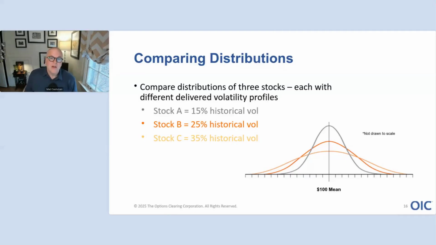It has a lot of amplitude and very little width relative to the other two. And then as you start to increase the historical volatility, what do you start to see? Less amplitude and more width. And then as you move to the 35 historical vol, you ultimately get even more width and less amplitude.